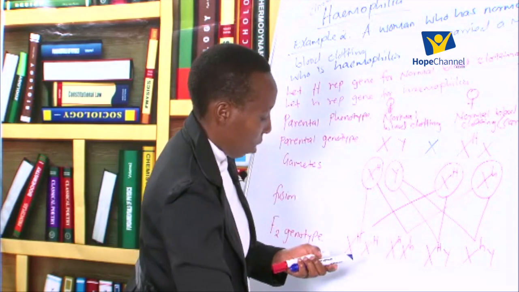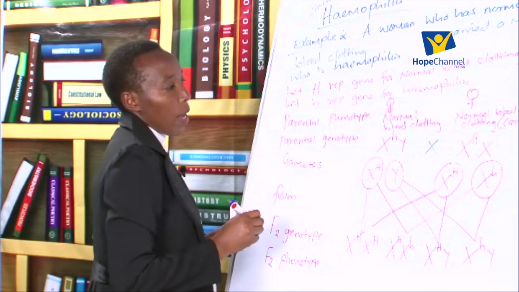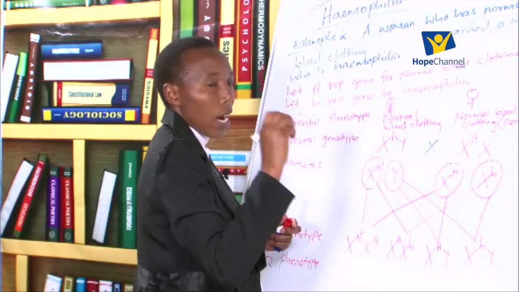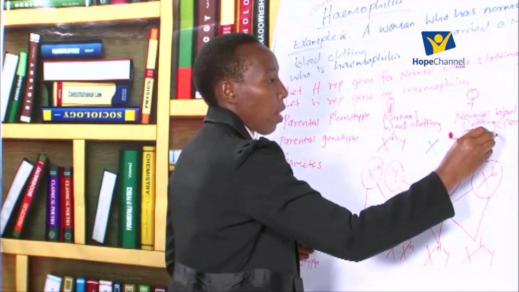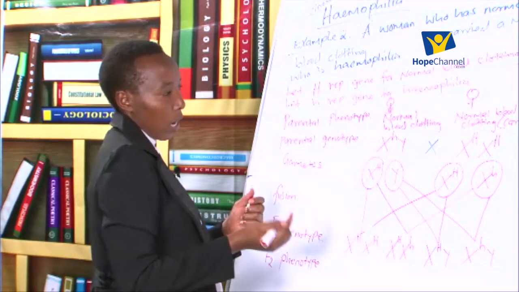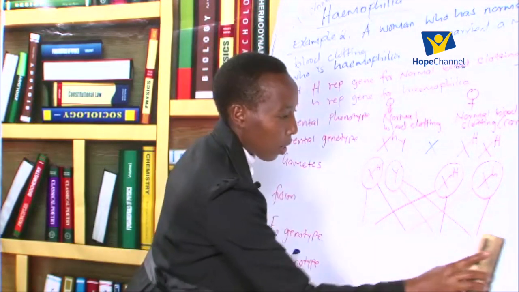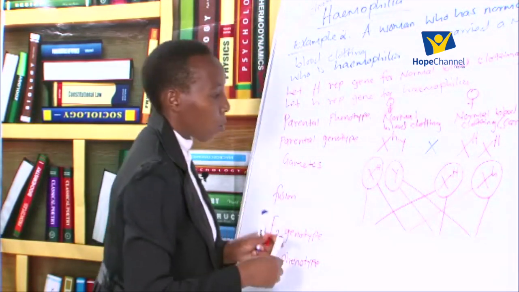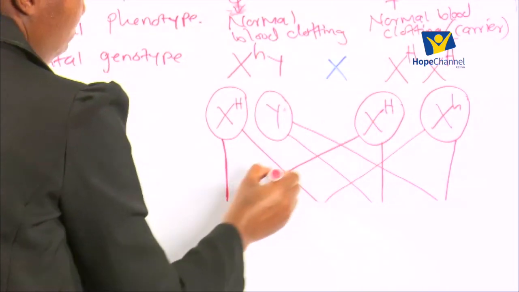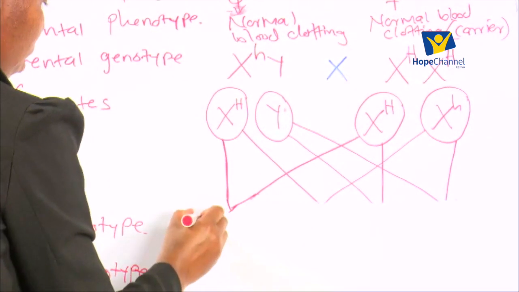So in that case, we have the man who is hemophilic, and then we are crossing with the female who is having a normal blood clotting in homozygous condition. So let's see, in that case, what are we going to have? If we cross this one and this one, then we are going to have a girl.